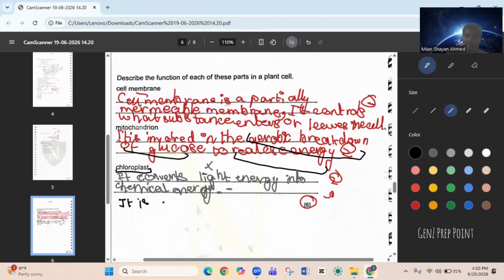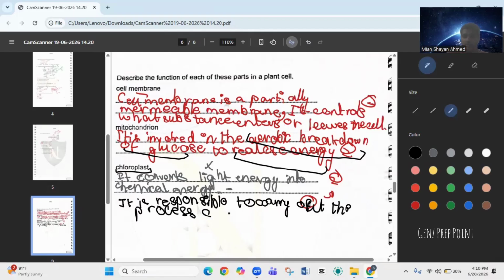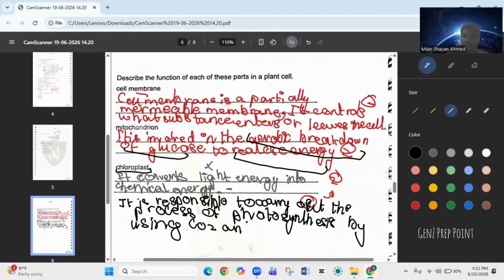It is responsible to carry out the process of photosynthesis by using carbon dioxide and water.